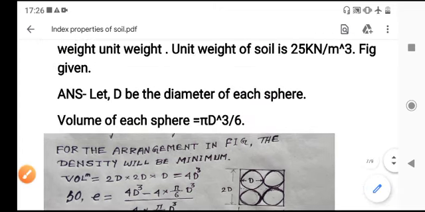Answer: let D be the diameter of each sphere. Volume of each sphere equals pi d cube by 6.